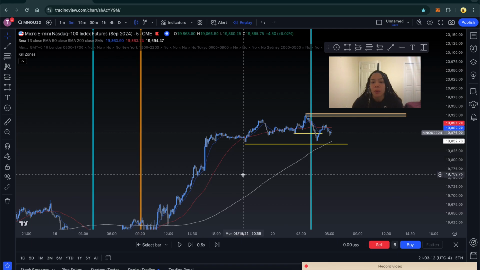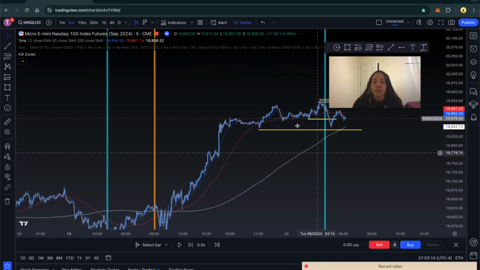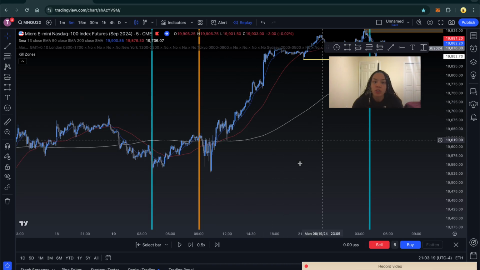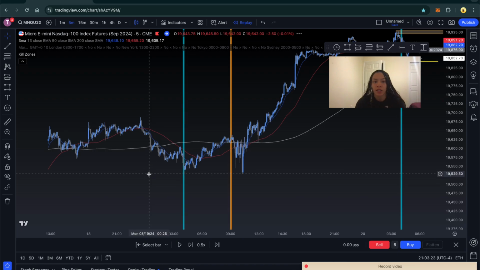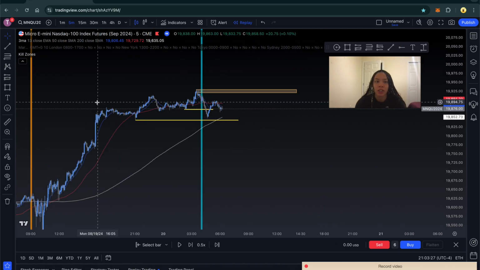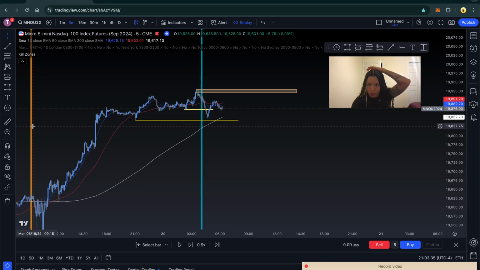But what you're seeing is that price is usually going to stay over the white line, or it's going to stay under it. So you can see price staying under it. You can see it staying over it. So that's just another indicator besides the blue, which is London open, and then the orange, which is New York open, which is at 9.